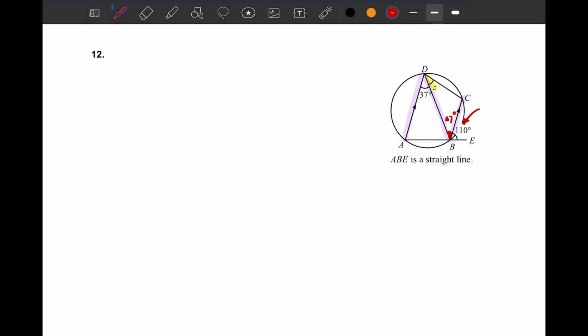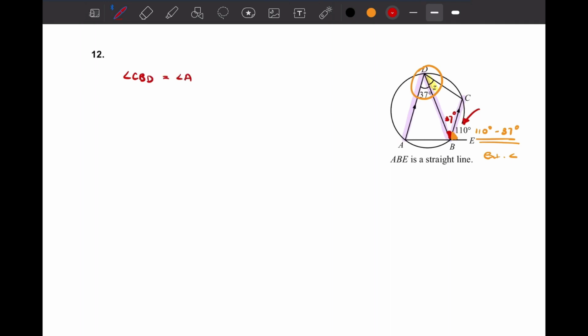So if angle DBC is 37 degrees, then this outside part here is actually 110 minus your 37 degrees. So now you have your exterior angle. And once you have your exterior angle, you realize this is actually your interior opposite angle. So we have an overview now, then we can start writing.